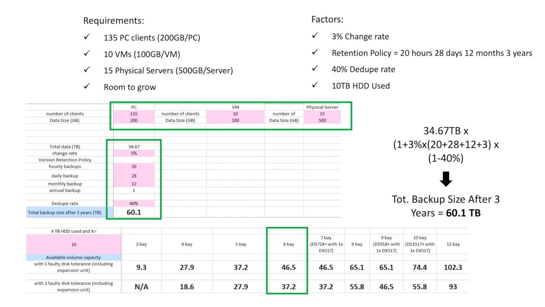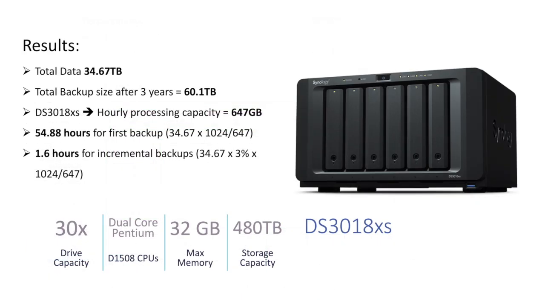For this scenario, the ideal unit would be a 6-bay one, and as recommended, that DS3018XS would be the ideal one. It provides them the hourly processing capacity of 647 GB, with it taking 54.88 hours for the first backup and about 1.6 hours for each incremental backup. So a very robust unit that matches all of their requirements.